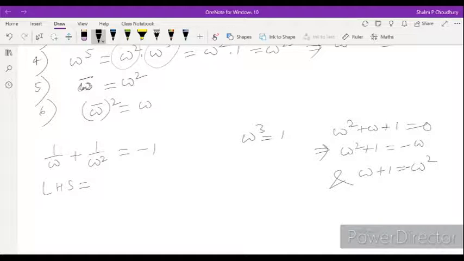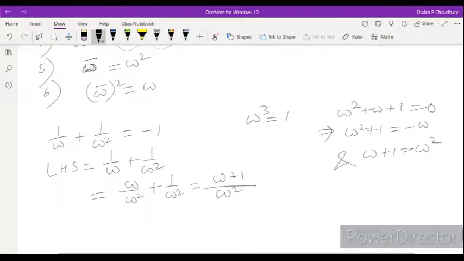Now we will take the LHS, that is 1 upon 1 plus omega plus 1 upon 1 plus omega square. Writing it with a common denominator, when we multiply omega in the numerator and denominator, we get omega plus 1 divided by omega square.